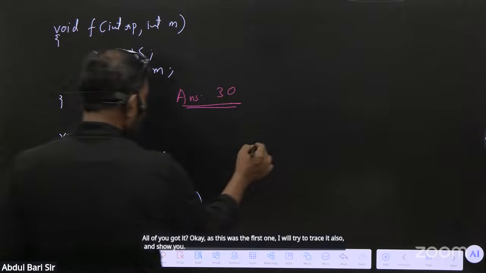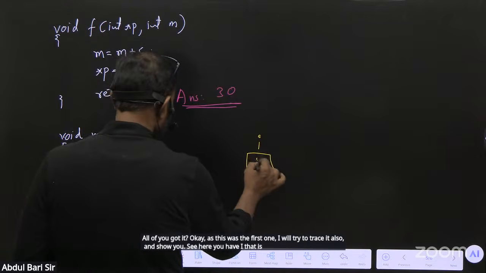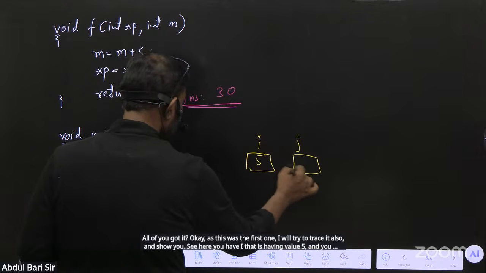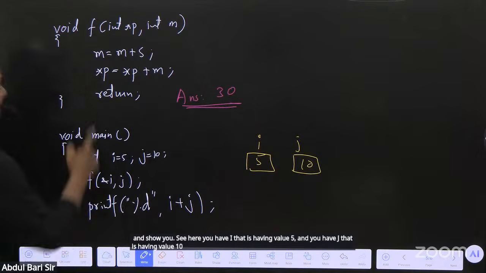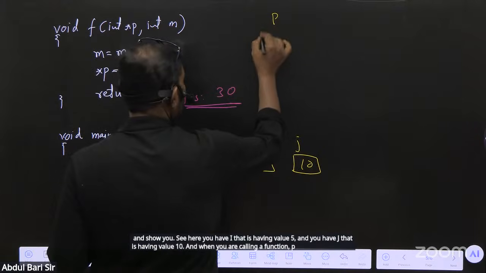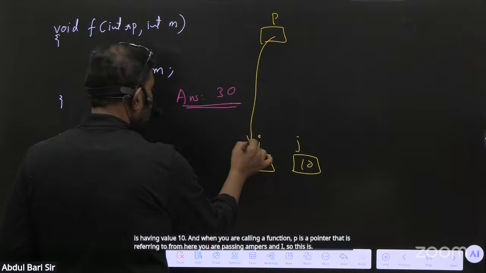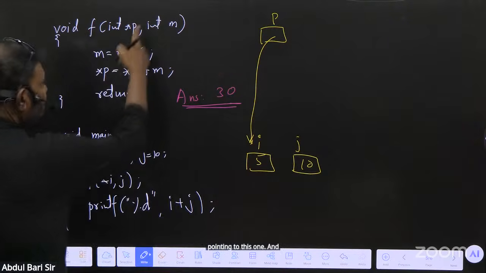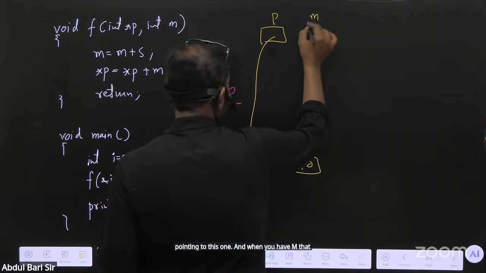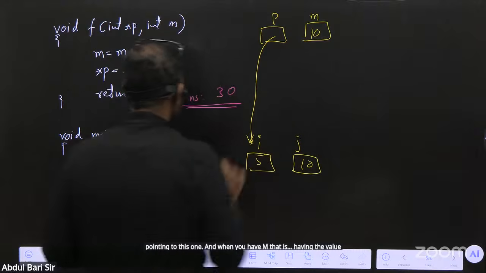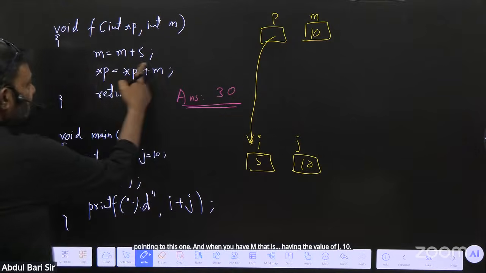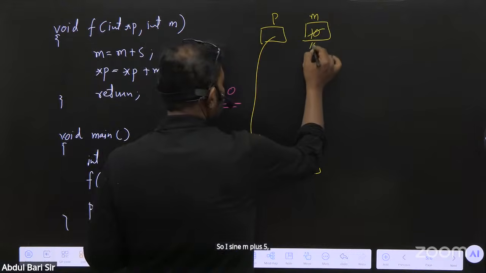See here, you have i that is having value 5, and you have j that is having value 10. And when you are calling a function, p is a pointer, since you are passing &i, this is pointing to this one. And m has the value of j, 10. So m = m + 5, this becomes 15.